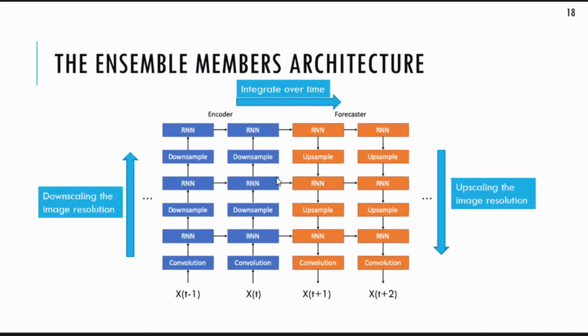And we do the same in the other direction for doing the predictions later. We upscale the image by transpose convolutions. So as far as I understood this, there is no linear layer in here. Everything is convolutional. And that way we completely keep the spatial structure of the images.